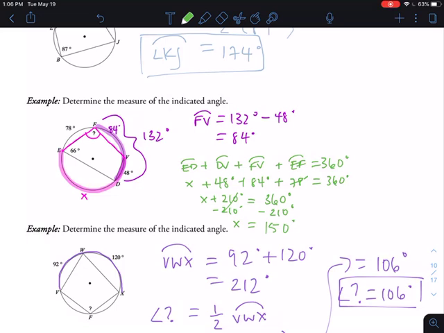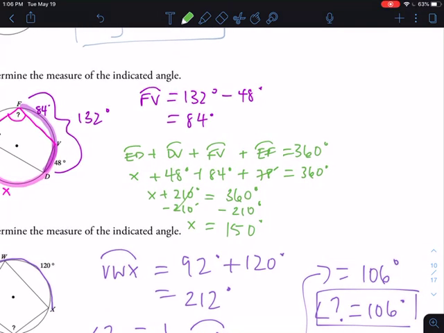Okay. Now, why do I care that X is 150 degrees? Well, remember that X is our pink arc here, right? That I'm also outlining in green right now. And it helps us to find the whole arc that goes along with our inscribed angle that we are looking for. Angle question mark, which was the whole point of the question. Okay, let's zoom in again. I need to leave a little more space.